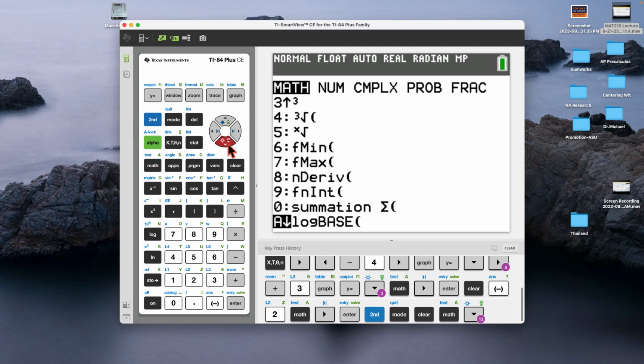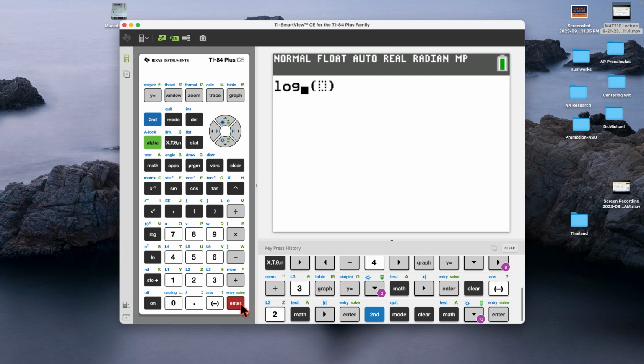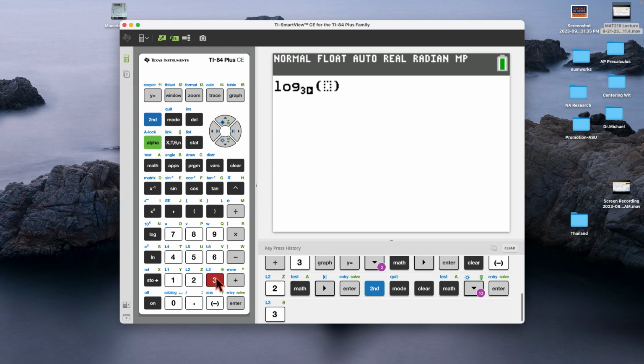I keep going, and there's going to be this thing called logBASE. When I hit enter, it gives me the logarithm. I can put the base on it. I'll put the 3, and then I can put the number in here. And instead of having to go to a table to look it up, I hit enter, and it tells me the answer is 3. 3 to the third power is 27.